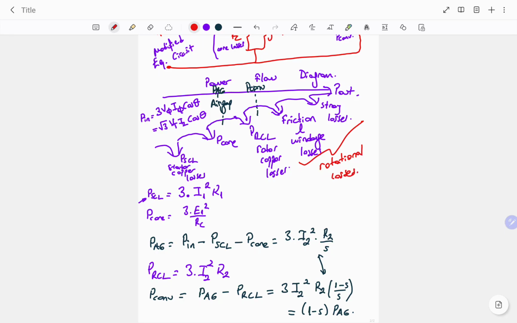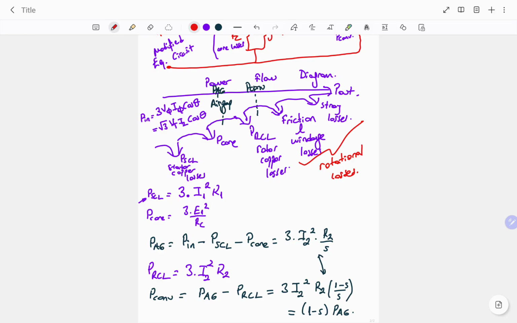Additionally, stray losses are generally taken as 1% of the input power because it's not possible to calculate their value. But if we want to consider the effect of the stray losses, we can take 1% of the input power. Okay, so let's continue with the output power equation from the power flow diagram.